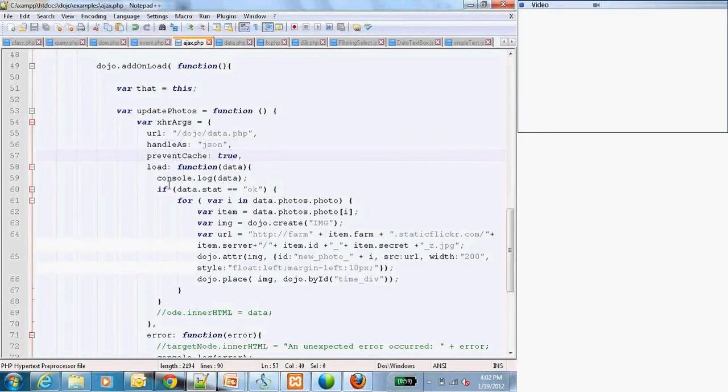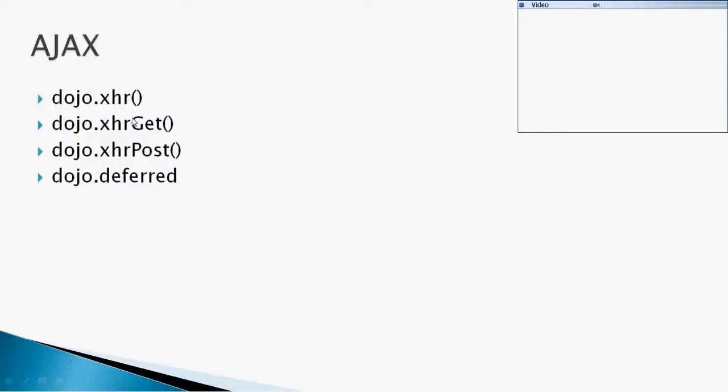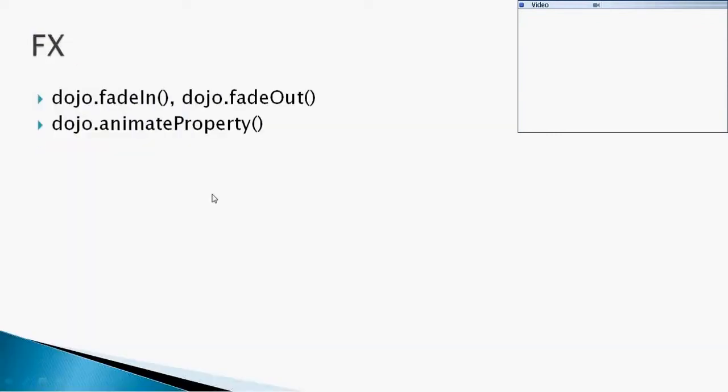Do you want to prevent cache? Yes. And then what I should do after the load, after the call. So once I get the data, I'm logging it, and if the status is okay, I'm going through the photos and creating the URL and creating all the images. So this much functionality is this simple using Dojo. If you have to write this much code using native JavaScript, it will take much more time. Okay, so that's it. Let's go back to the presentation.